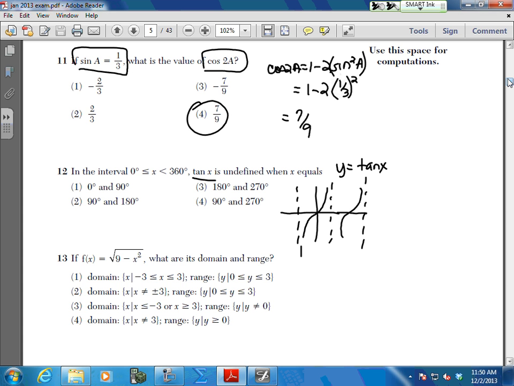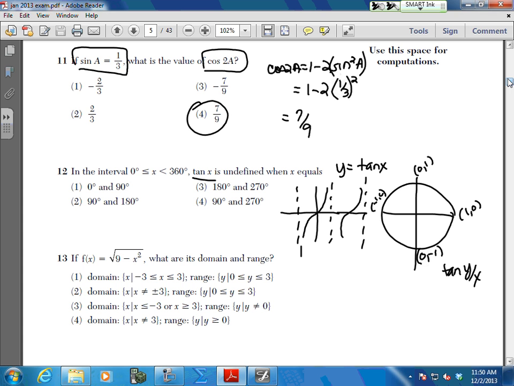You can remember your unit circle, and tangent is y over x. So whenever you divide by a 0, such as here, 1 over 0, undefined. Come through the axis here, and negative 1 over 0, also undefined. So you can see these are undefined at 90 and 270.